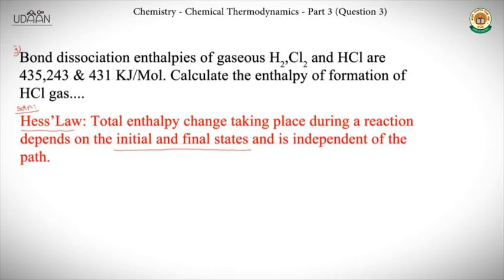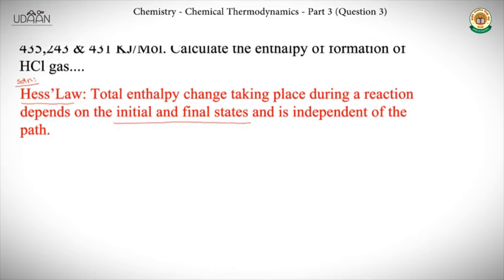Suppose that we have solid carbon and we are burning it in the presence of oxygen. We get carbon monoxide gas. Suppose the enthalpy in this reaction is delta H1, and in the second reaction carbon monoxide again reacts with half of oxygen to give us carbon dioxide gas. Let us suppose the enthalpy in this reaction is delta H2.